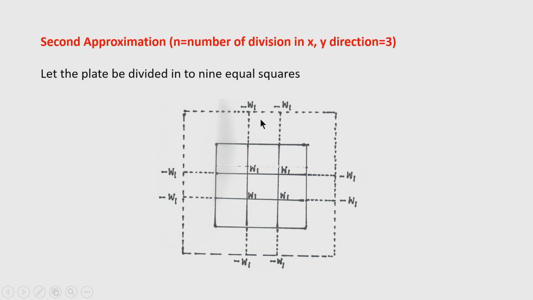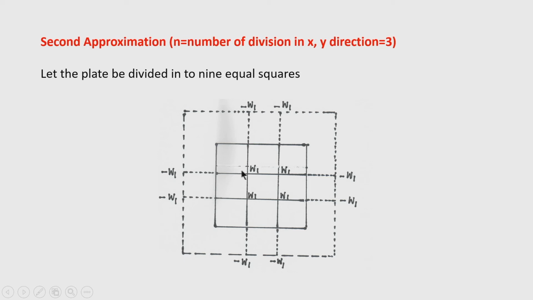When we consider the boundary condition, that is, the bending moment is 0 at the simply supported edge, we encounter one imaginary node. So, that imaginary node for the simply supported condition has a coefficient of minus 1, and therefore the deflection value of the imaginary point to be taken is minus W 1 as compared to its deflection.